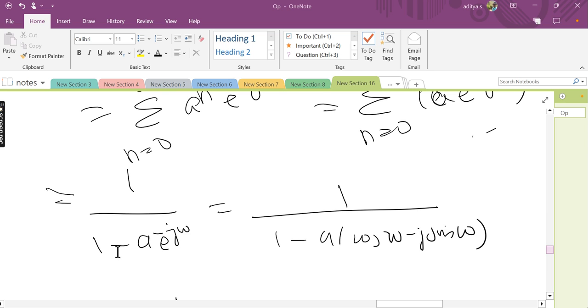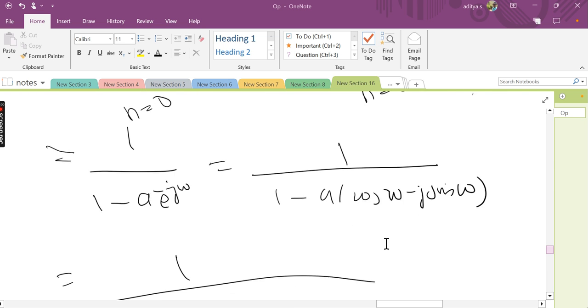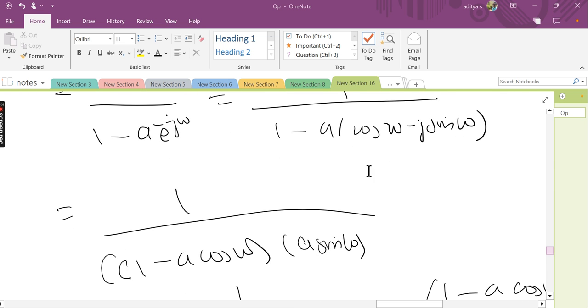This is 1 by 1 minus a e raised to minus j omega, which is 1 by 1 minus a times cos omega minus j sin omega.